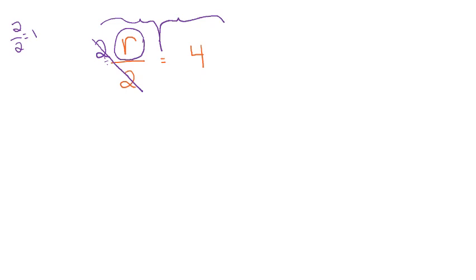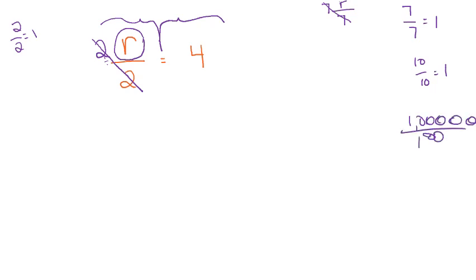So if I had a 7 on the bottom, I would put a 7 on the top to cancel it out, because 7 over 7 is 1. 10 over 10 is 1. 1 bajillion over 1 bajillion is just 1. Anything over itself is 1.